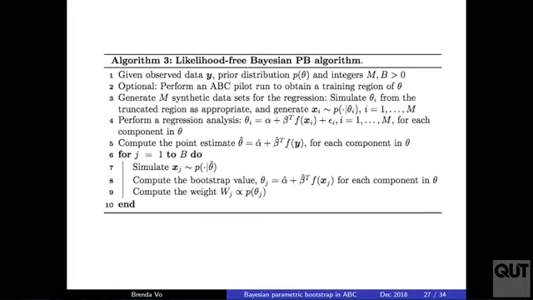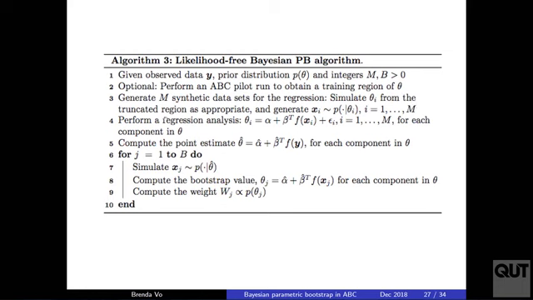So here's the likelihood-free Bayesian parametric bootstrap algorithm. We start with the observed data Y, the prior P of theta, and how many bootstrap replicas we want. We perform the ABC pilot run to get the training regions for theta.